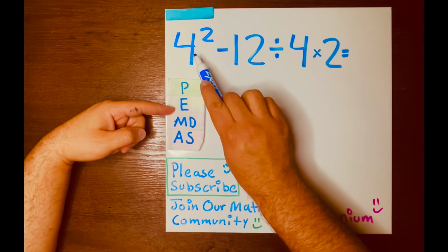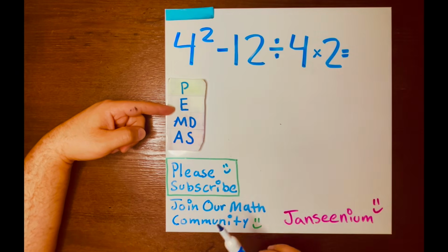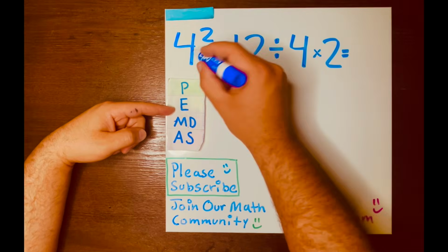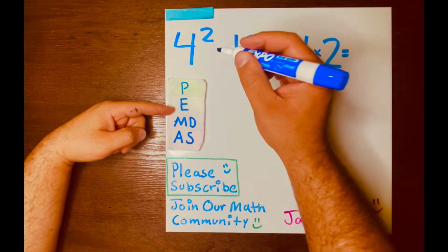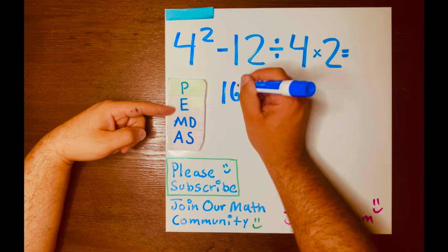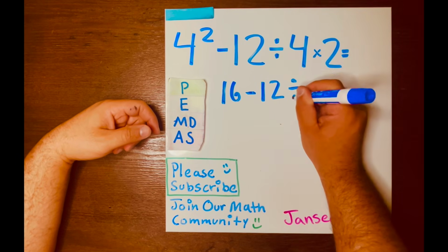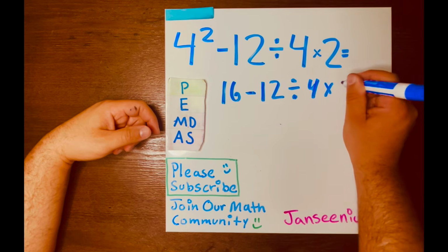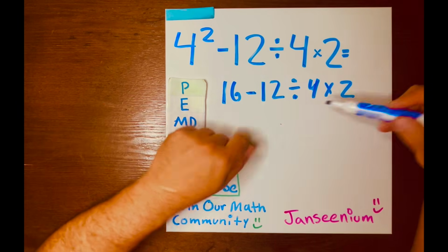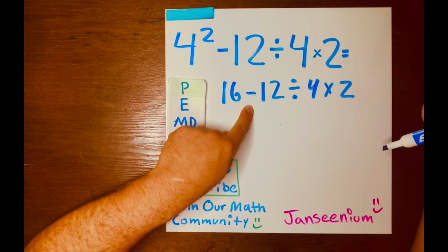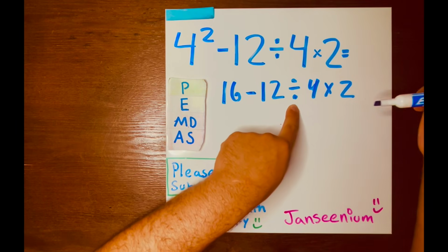So 4 to the power of 2 goes first. So 4 times 4 is 16. Next, I drop the minus 12 divided by 4 times 2. And then you tell me, do I start with subtraction? Do I start with division?